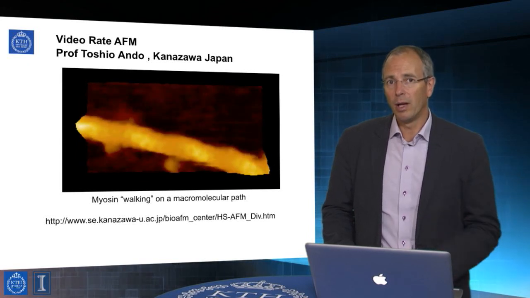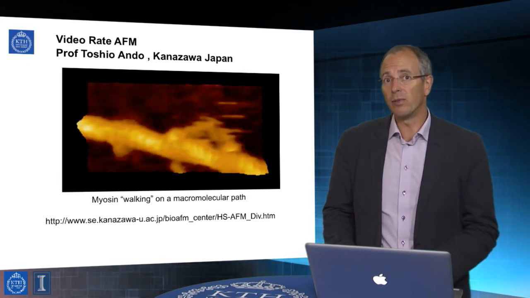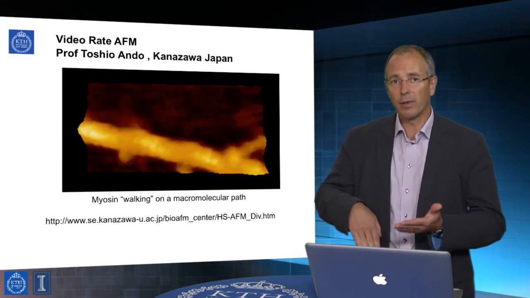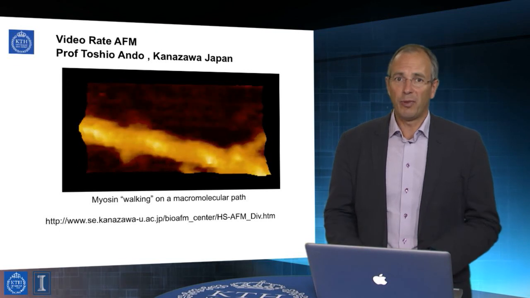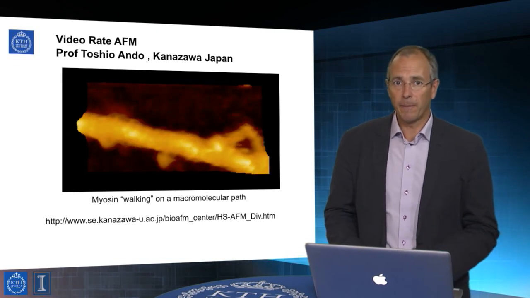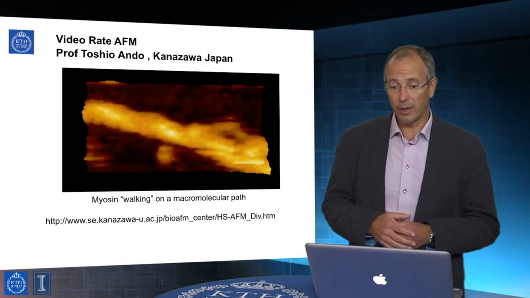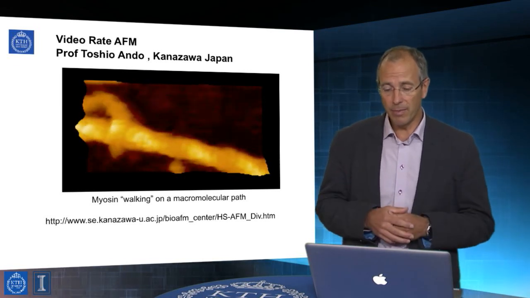I mentioned before that a frame usually takes us of the order of minutes to generate by scanning the tip over the surface. He can perform scans on the order of milliseconds, which means he can watch molecules moving in real time as long as he doesn't manipulate them.